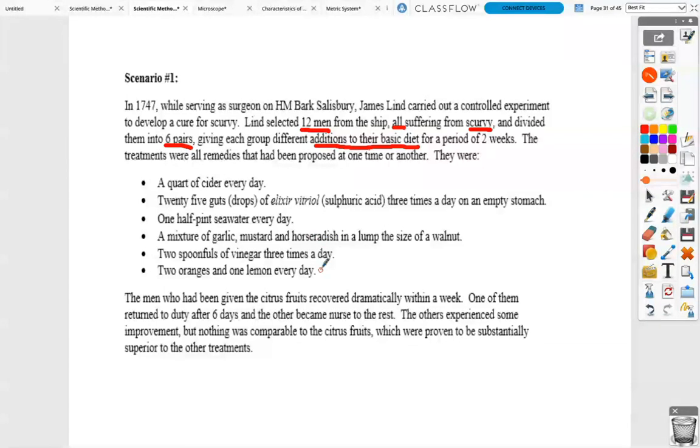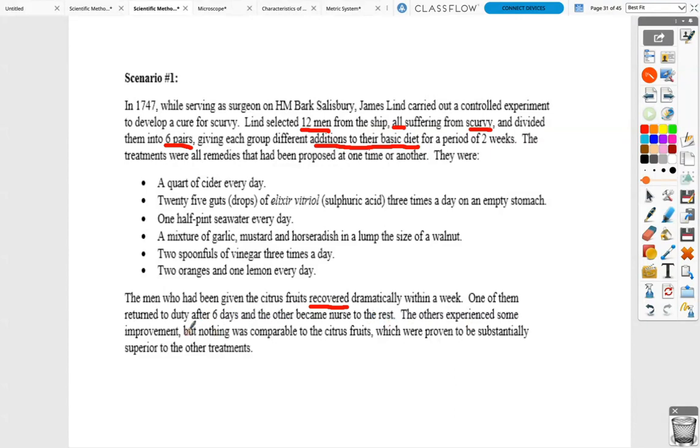Remember, on these ships, when they were out to sea for weeks at a time, they would run out of fresh fruits and vegetables. So sometimes fresh fruits and vegetables were hard to come by. It goes on to say the men who had been given the citrus fruits recovered dramatically within a week. One of them returned to duty after 6 days, and the other became nurse to the rest.